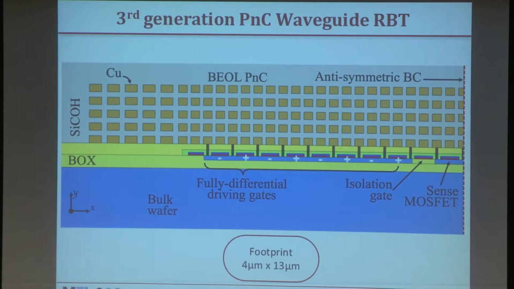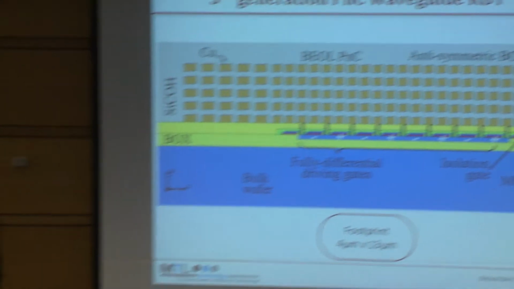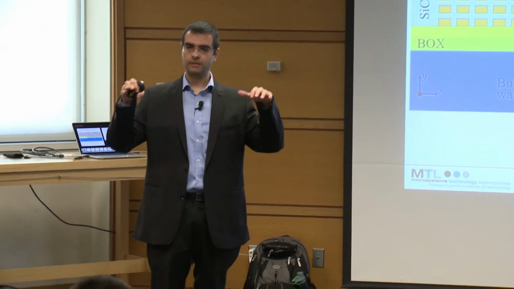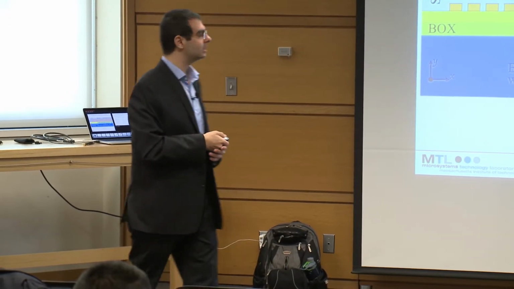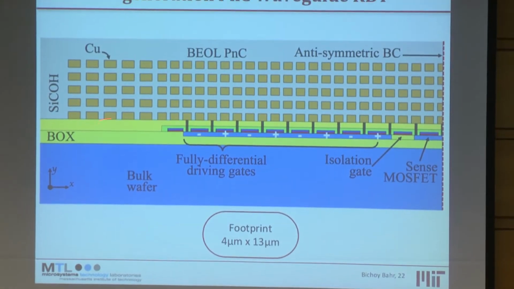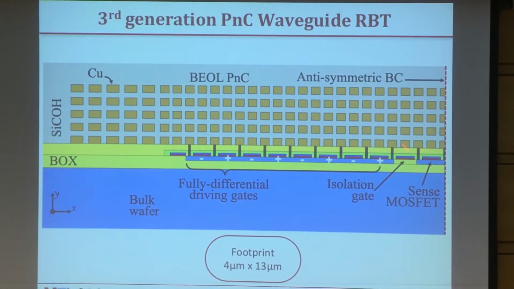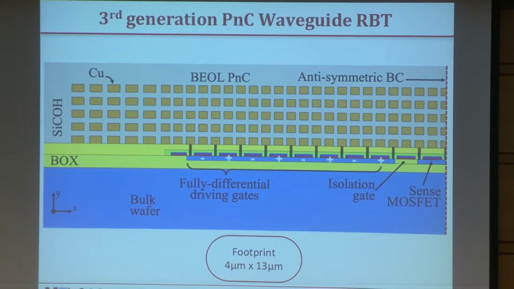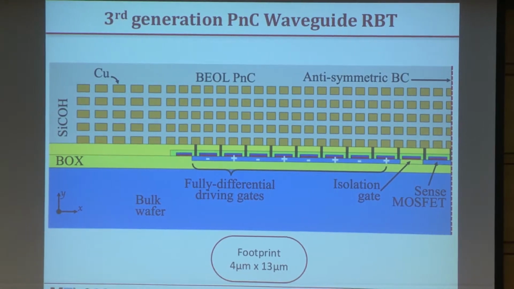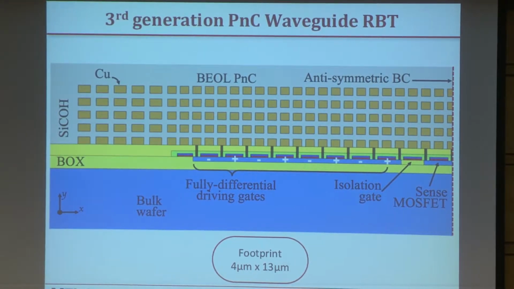That was all good, but of course, life is not that easy. Once I did that and started simulating it, I expected to get a perfect resonator. But what happened is that I found at these locations, in particular here, where the termination waveguide starts, and at this location where I have the isolation gate, I start getting radiation all the way to the bottom again. And why is that?